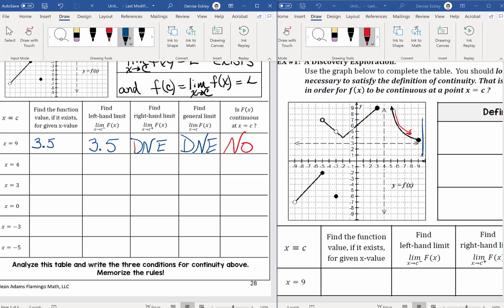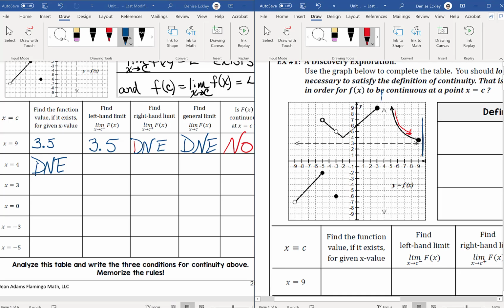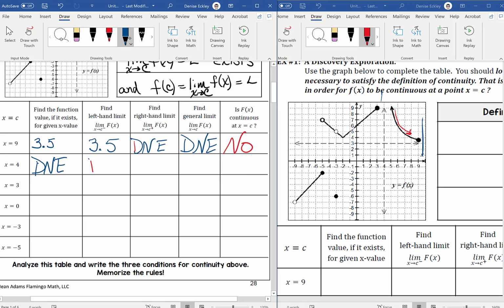So let's look at x equals 4. At x equals 4, the value of the function does not exist. The left-hand limit does not exist because the function on the left ends. It doesn't continue here between 3 and 4, so that does not exist.